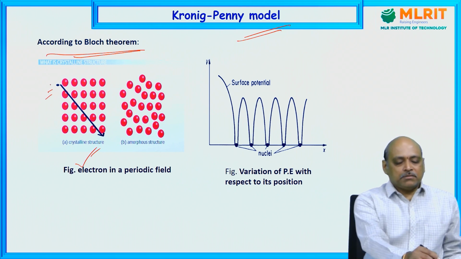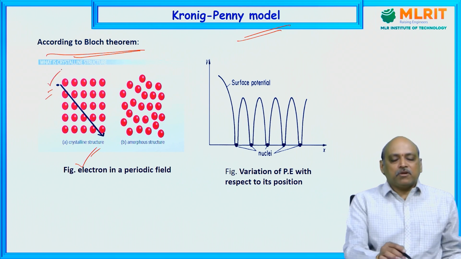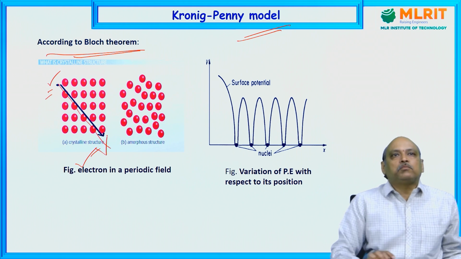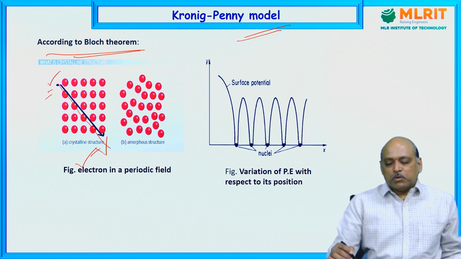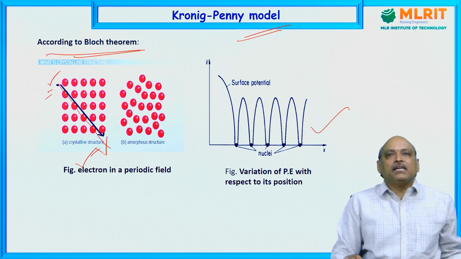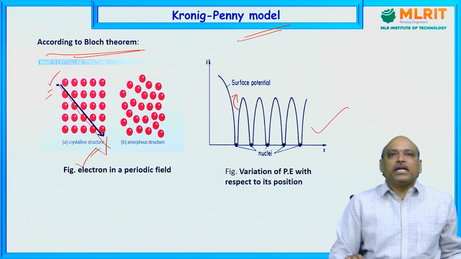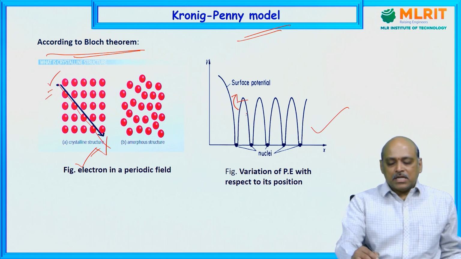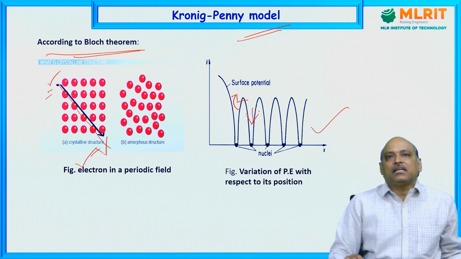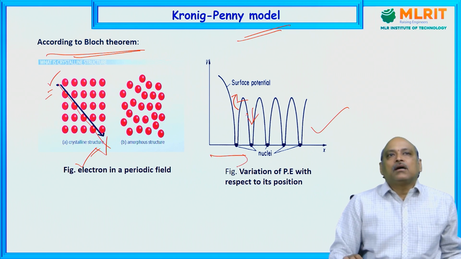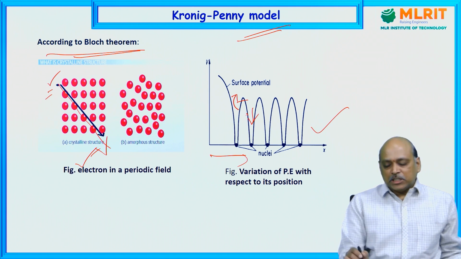Now let us assume that there is one electron here and it is moving from one end to another end like this. Then according to the Bloch theorem, the potential energy varies in this form. We can see a slow increase, attaining the maximum value of the potential energy, and then slowly decreasing, as the electron moves from one positive ion site to another with respect to distance.